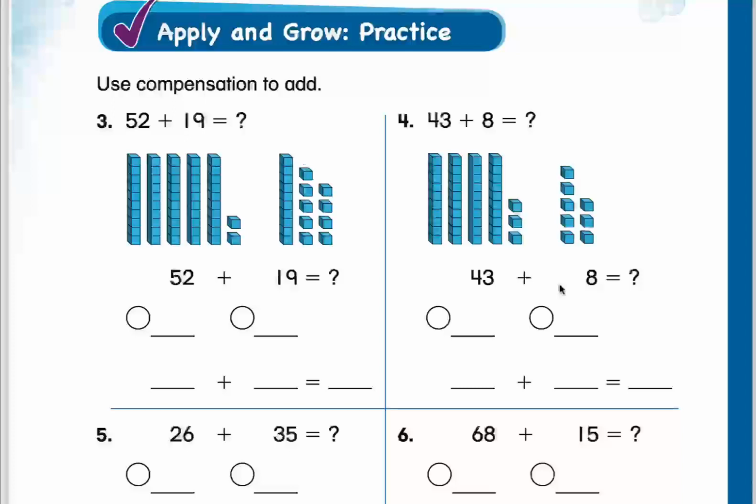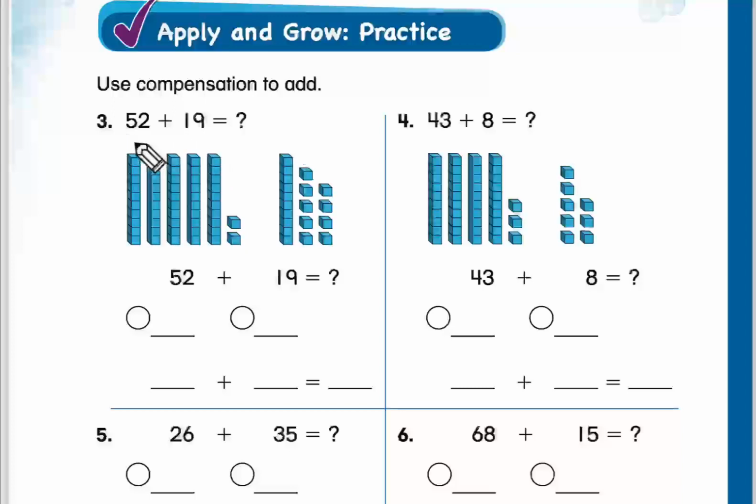Okay, my heroes. Now, everyone, please focus with me. 52 plus 19. So we should think which one of these two is near to a decade number or near to 10.